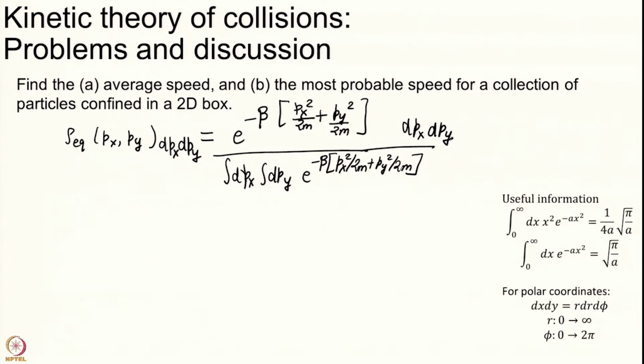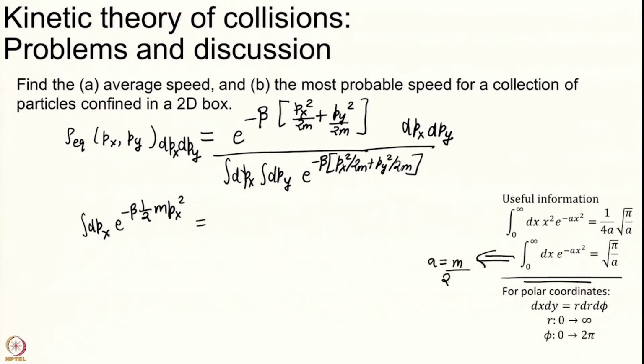Okay. First, let us find out the denominator. So, let us calculate dpx e to the power of minus beta half m px square. This integral you can find here, and in this if I have to convert, a will be equal to m over 2 kBt. So, this is equal to m pi divided by a, which is m divided by 2 kBt.